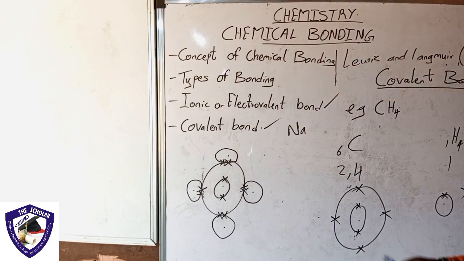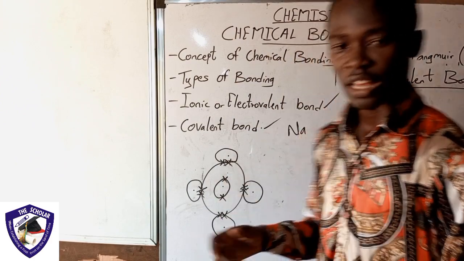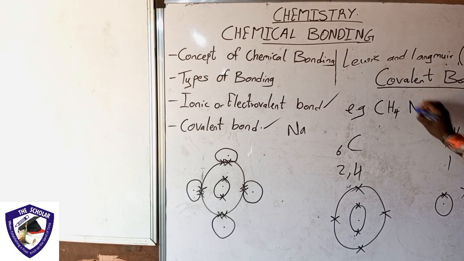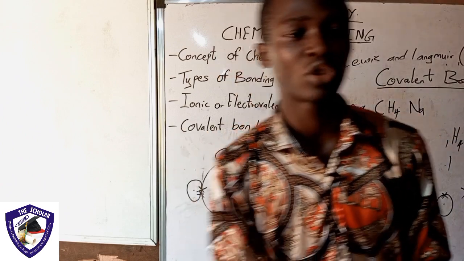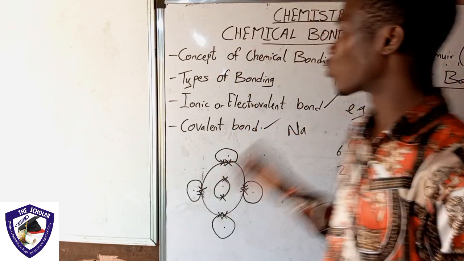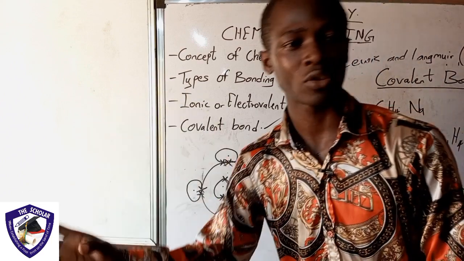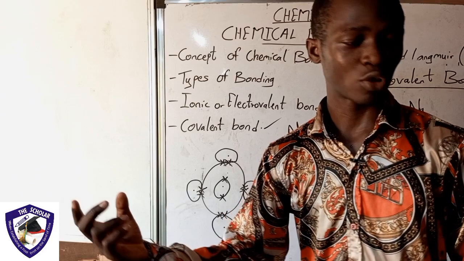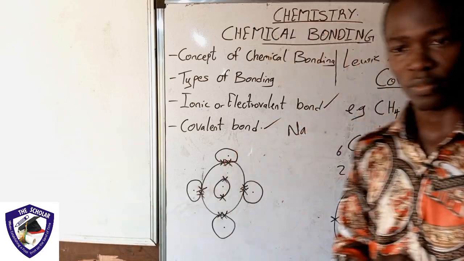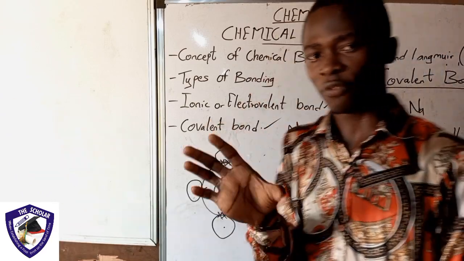I gave a perfect example of sodium chloride, NaCl. Sodium has 1 electron at the outermost shell, while chlorine has 7 electrons at the outermost shell. For chlorine to complete its octet configuration, it has to receive an electron from sodium.